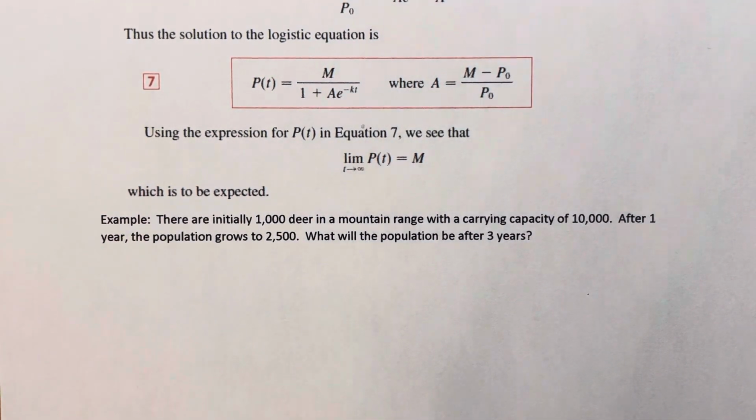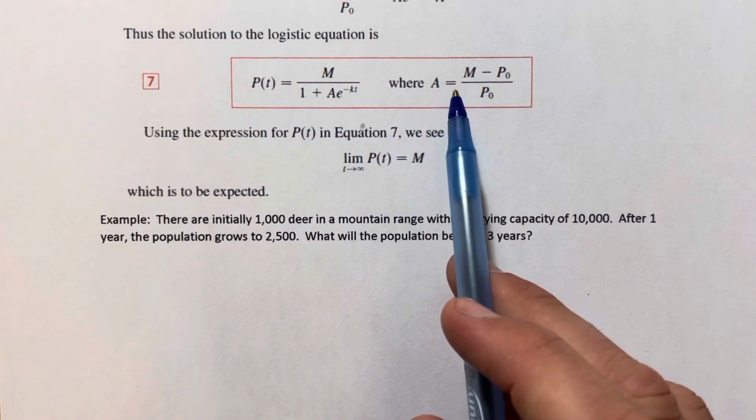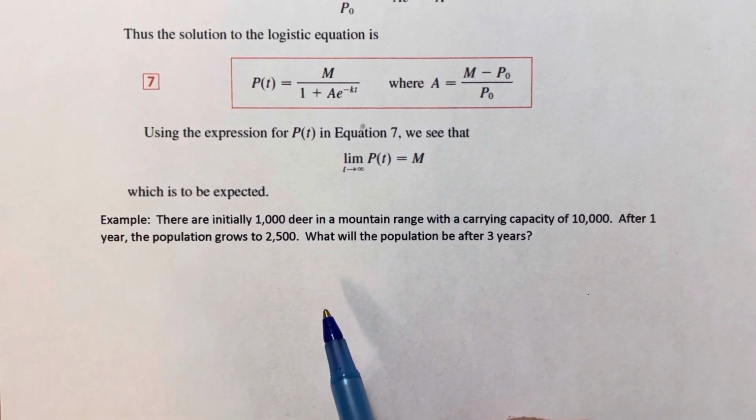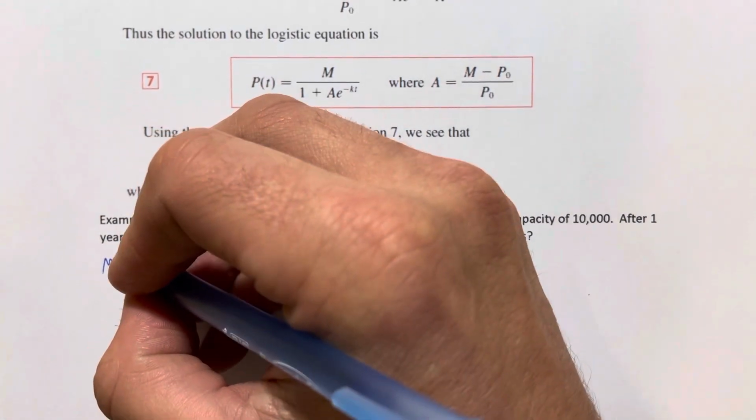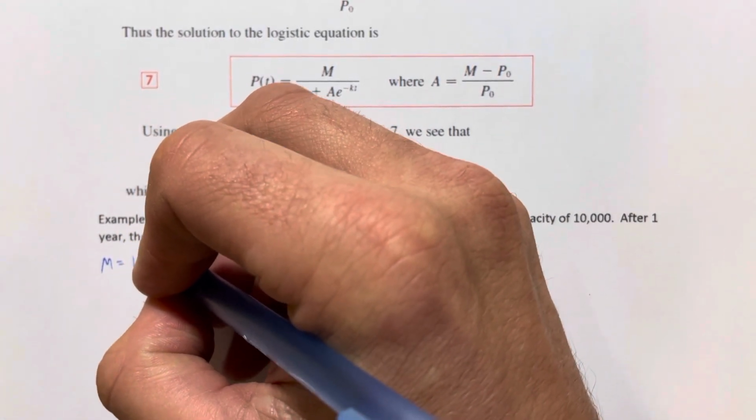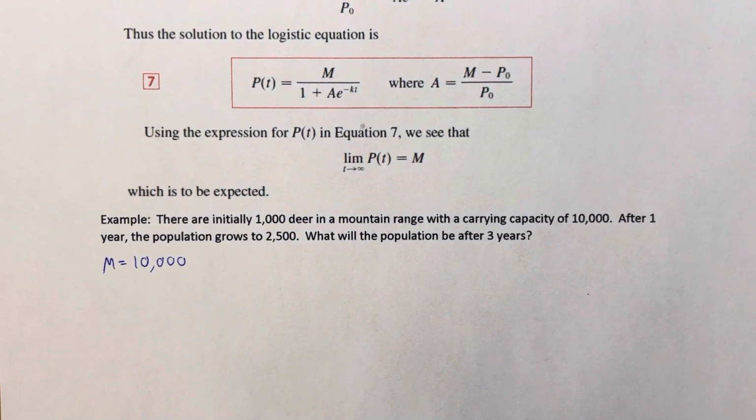I don't need to go all the way back to the differential equation. I don't need to solve that or anything like that because I've done the work here. So I'm just going to use these results. Okay, in this problem, our carrying capacity M is 10,000, so I'm going to just write that down.